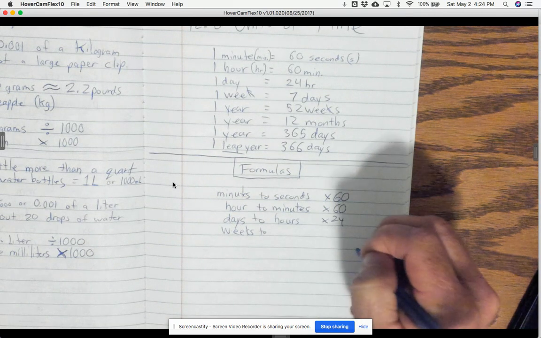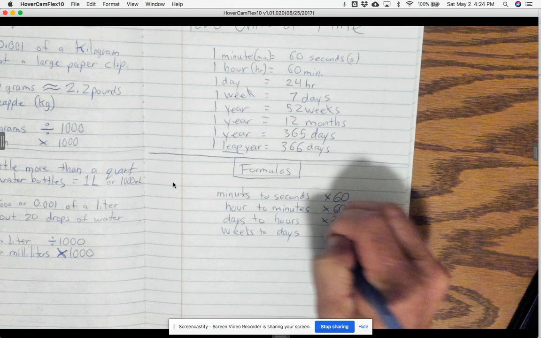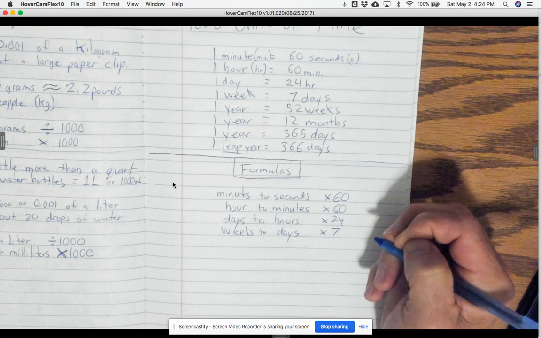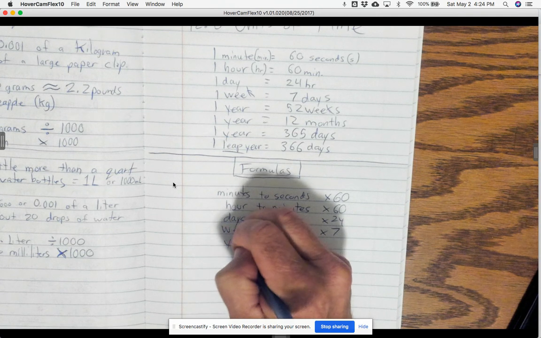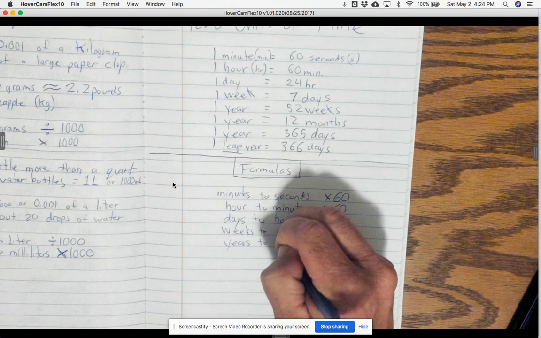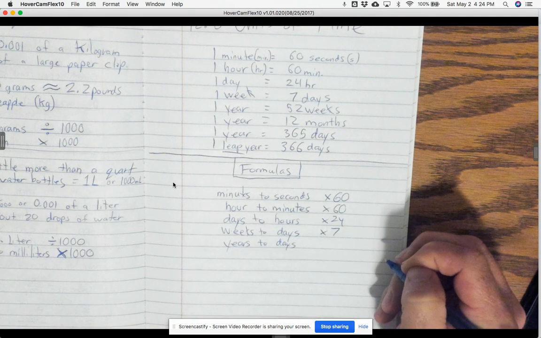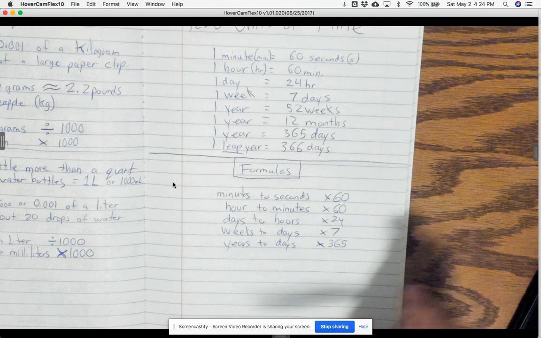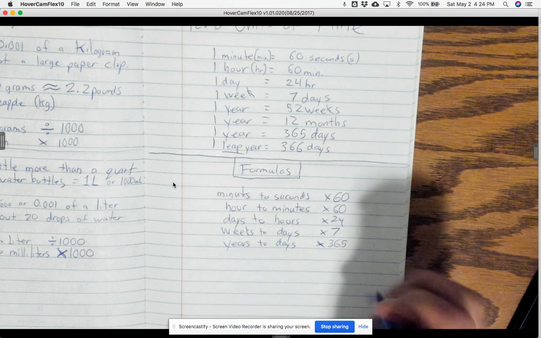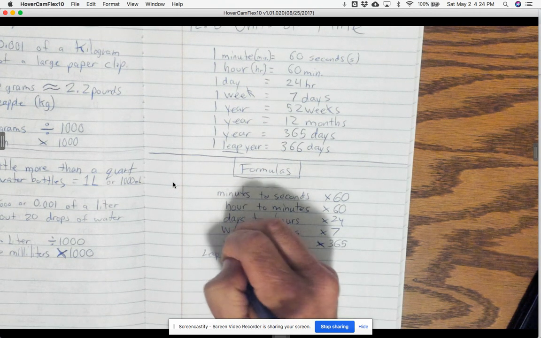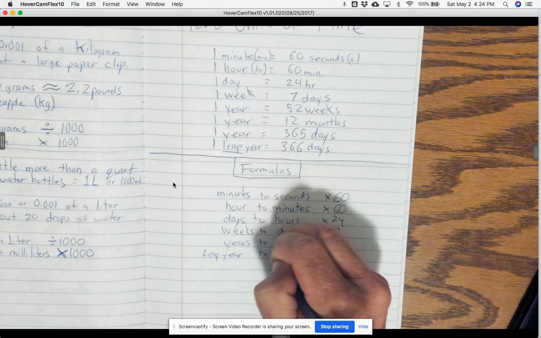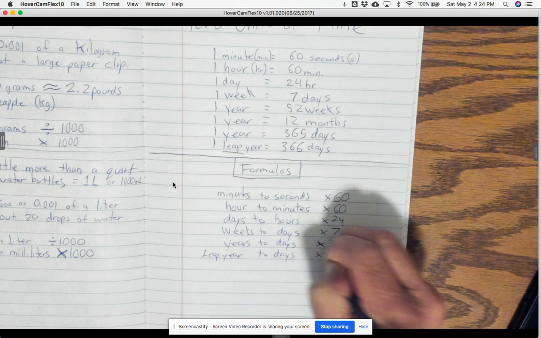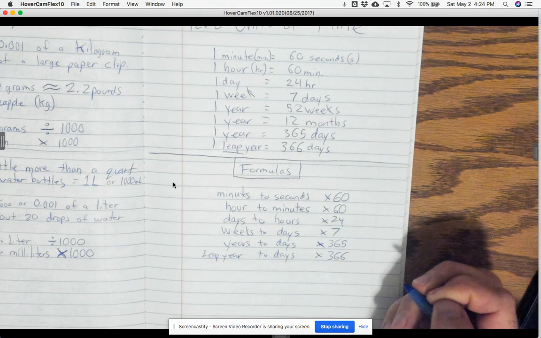How many days are in 1 week? 7, times 7. Years to days. How many days are in 1 year? 365. That's a pretty big number to be multiplying. Leap year, today's times 366.